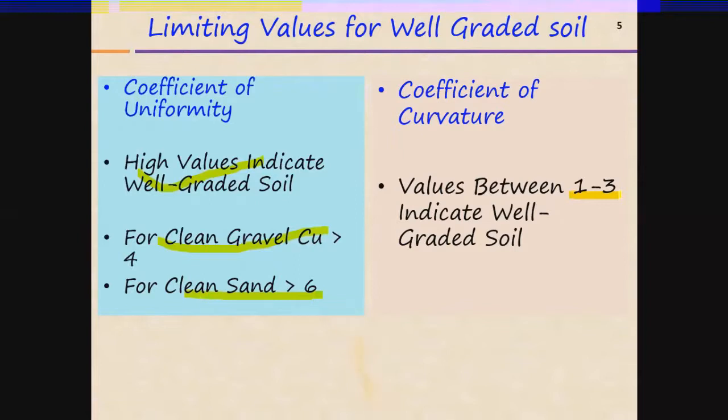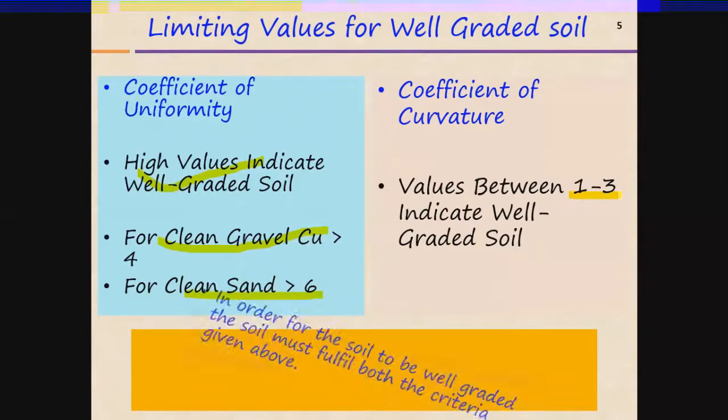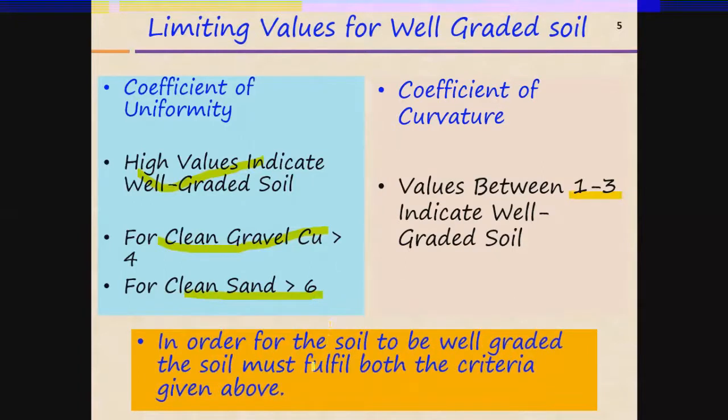Now I have another piece of information. In order for the soil to be well graded, it must fulfill both the above criteria, criterion number one of the coefficient of uniformity and criterion number two of the coefficient of curvature. Let's suppose a soil system fulfills the criteria of the coefficient of uniformity but not the criteria of the coefficient of curvature, still the soil system will be known as poorly graded soil.